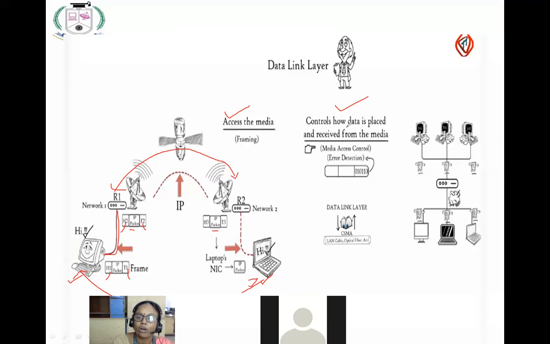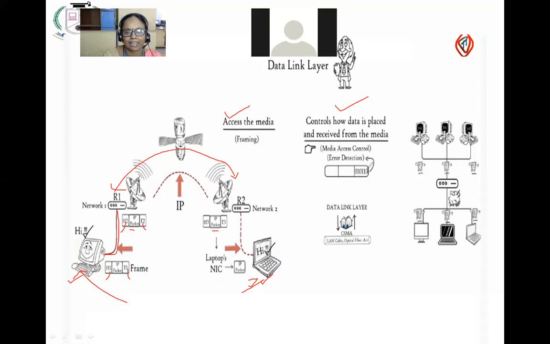Next, control how data is placed and received from the media. You all know this data link layer is responsible for the MAC address, media access control address. The communication may be through a LAN cable, or through an optical cable, or through Wi-Fi or a radio connection. So this data link layer checks through which cable the communication is happening, whether it is through LAN, optical, or the air medium.